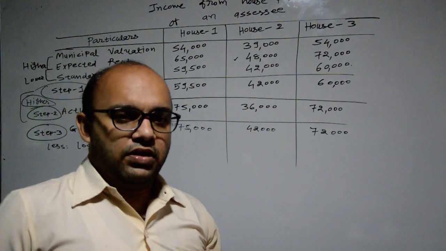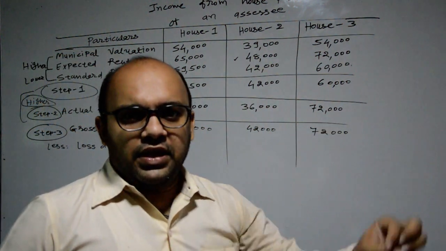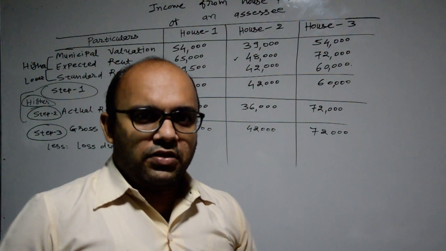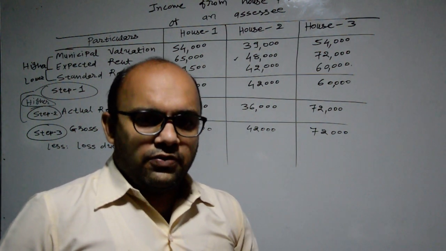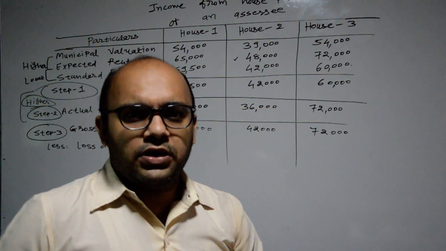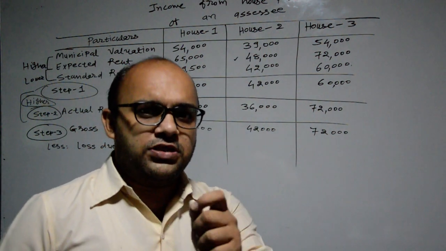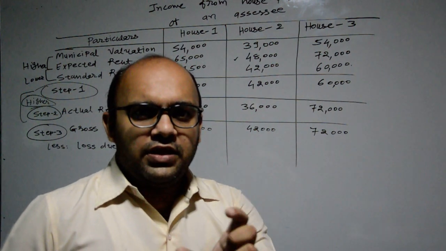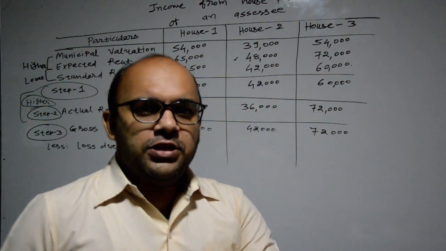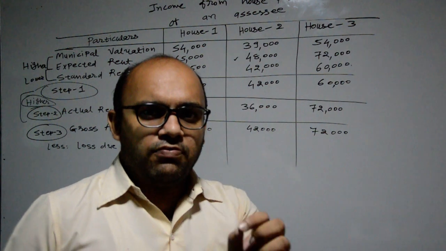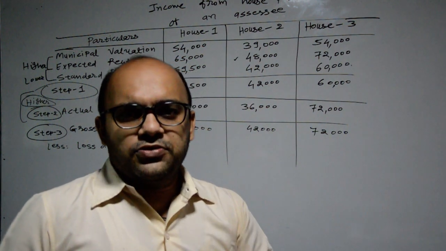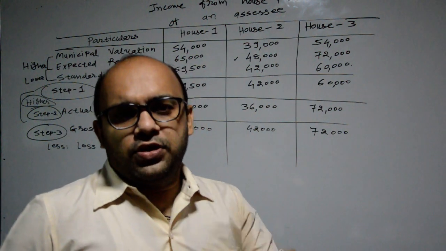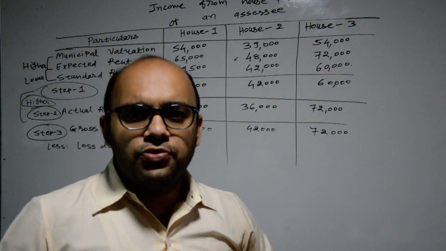When a tenant vacates a house, you have to find another tenant for that house. During that period you will not receive any rent. Suppose this period is 2 months, then you will not receive rupees 10,000, because 5,000 multiplied by 2. So 10,000 will not be received by you, and it is known as loss due to vacancy.